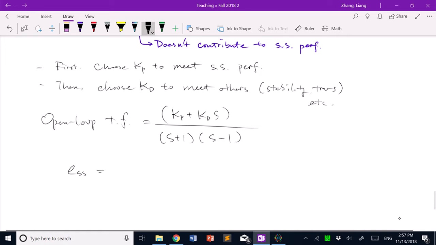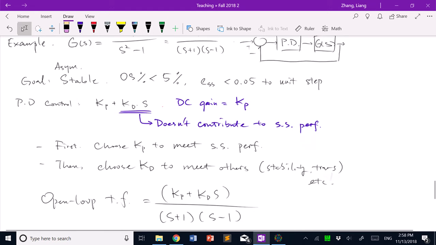And the steady state tracking error will be 1 divided by 1 plus, and from chapter 7 we know what I want to put here is G of 0. G of 0 is the open loop transfer function with S replaced by 0. And what do I have in this case if I plug in the numbers? You find out on top will be Kp. Underneath will be positive 1, negative 1, so minus 1.